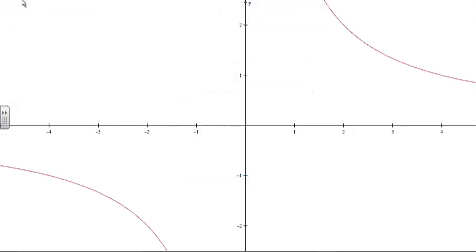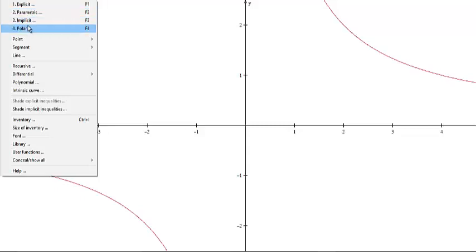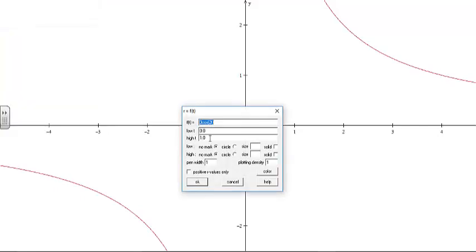We can also do the polar form. The polar form would be the square root of 8 divided by the sine of 2t, and we let t go between 0 and 2 pi, which is 6.339 approximately.